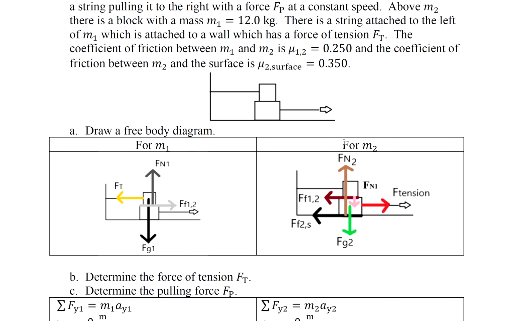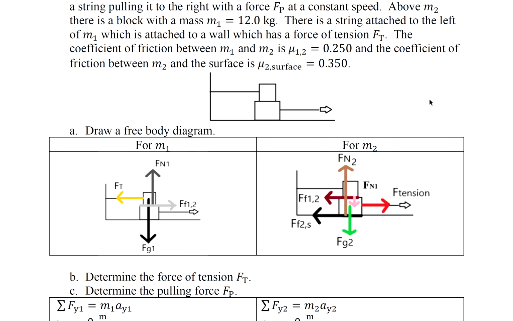Now, for M2, look at the image on the right. We got force normal 2 up, force normal 1 down, and force gravity 2 down. We got force of friction between object 1 and 2 to the left, force of friction between object 2 and the surface to the left, force of tension to the right.